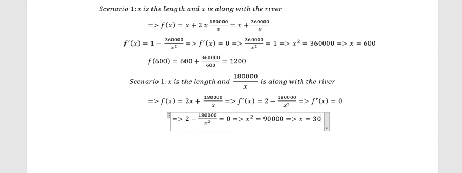That's about 300. And we put 300 in this function.